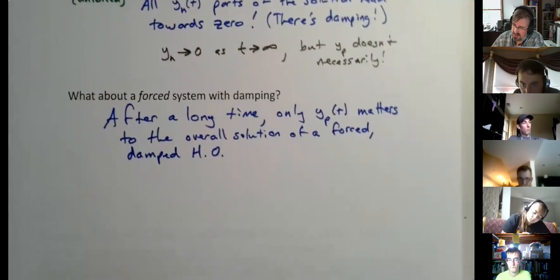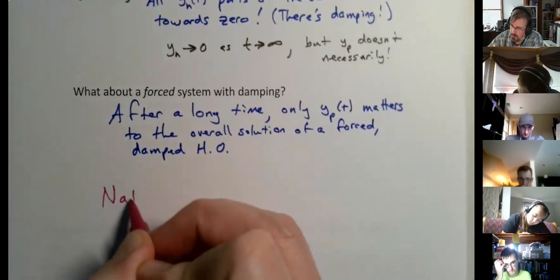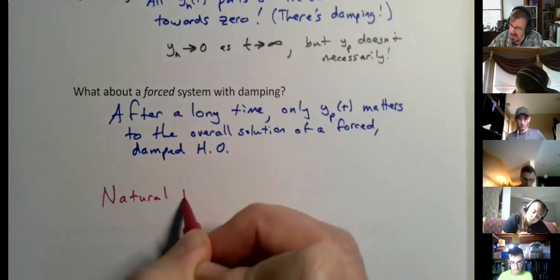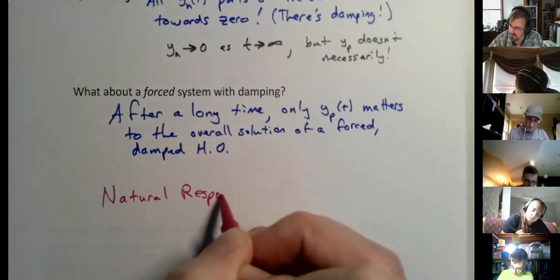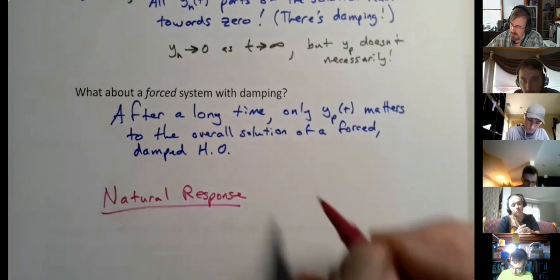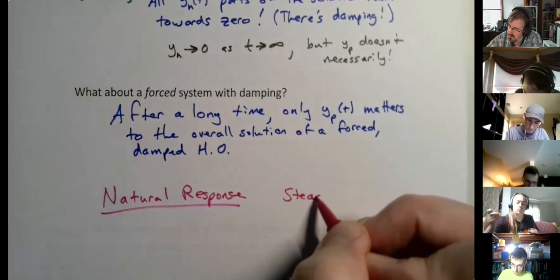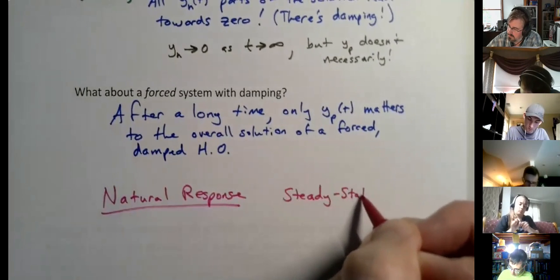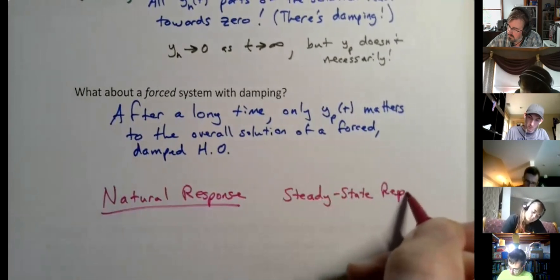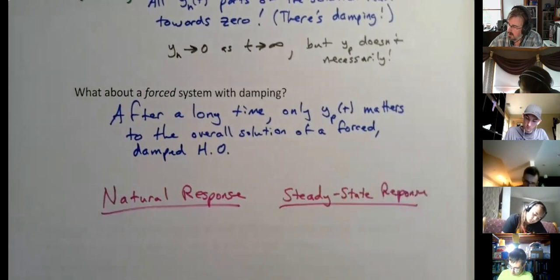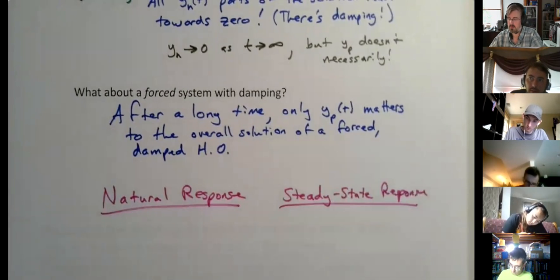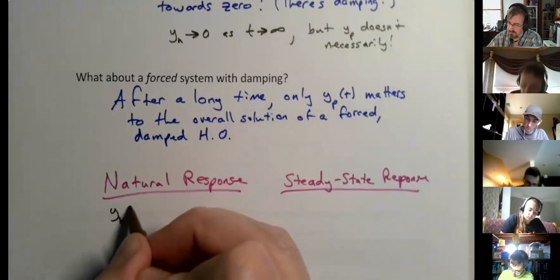But the old-fashioned language is they will sometimes refer to the natural response and the steady state response. The natural response is what you know of as the y sub h.